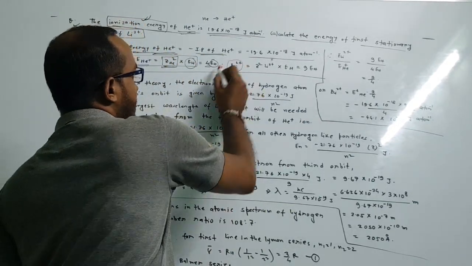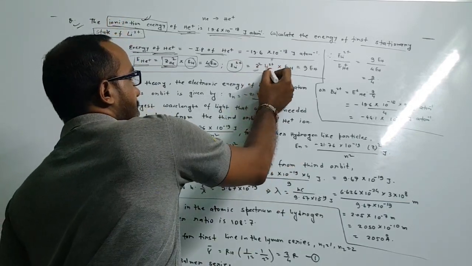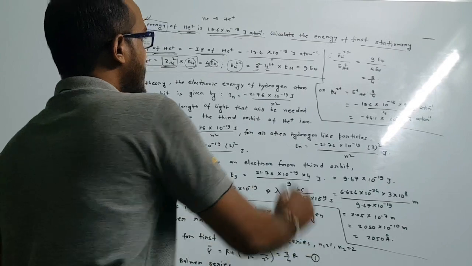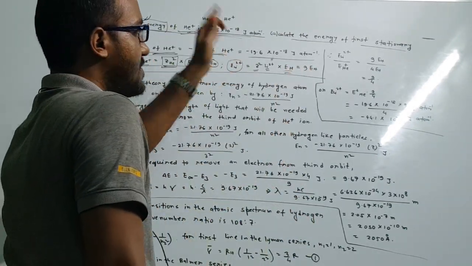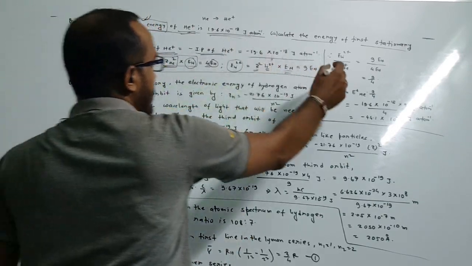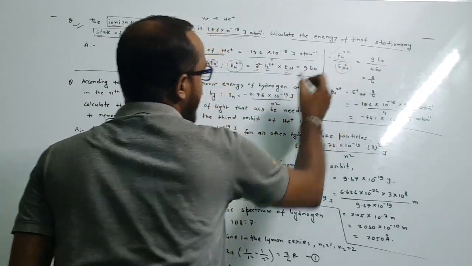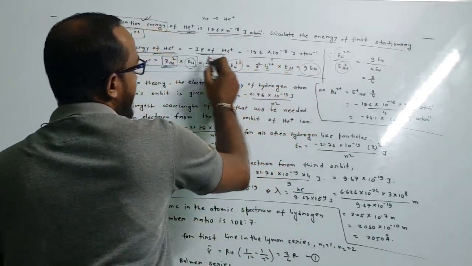So what would be the energy of lithium? Same formula, Z square of lithium multiplied by the energy of hydrogen atom. The atomic number of lithium is 3, so 3 square is 9, 9 into EH. Divide these two, that is E lithium by E helium, you will get 9EH by 4EH.